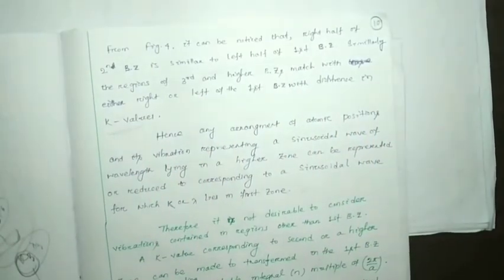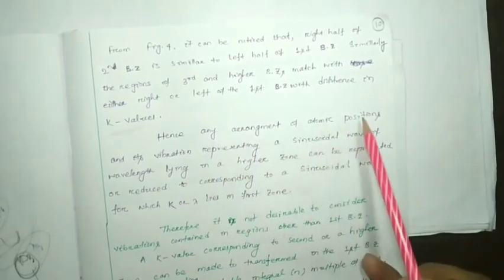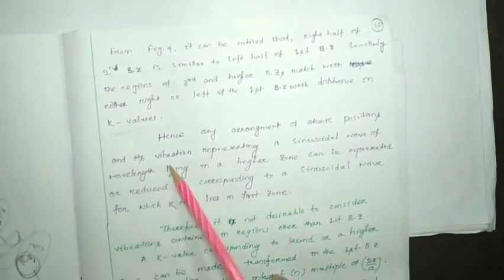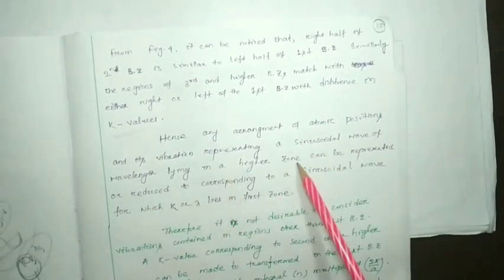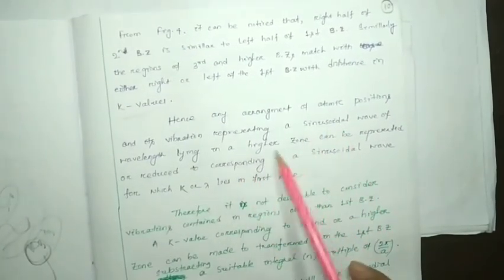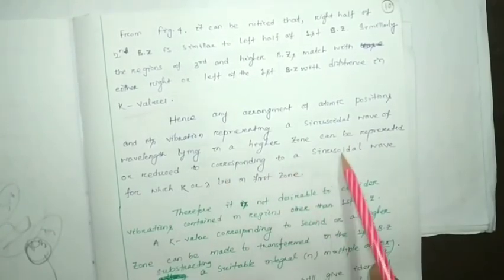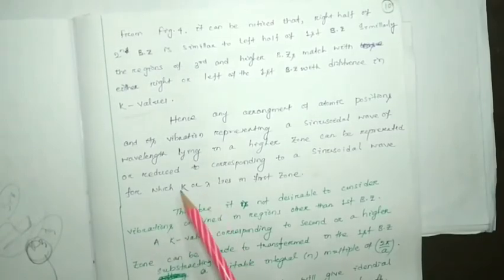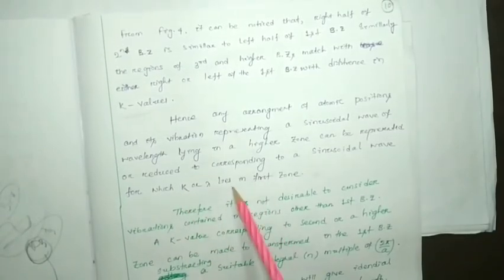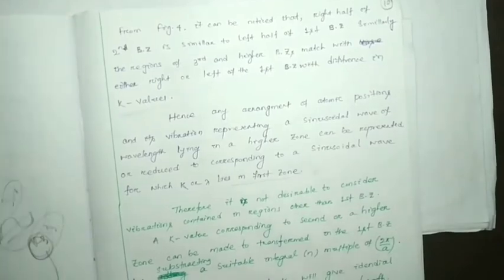Okay, so hence any arrangement of atomic positions and their vibration representing a sinusoidal wave of wavelength lying in the higher zone, what I discussed, can be represented or reduced to a sinusoidal wave for which k or lambda lies in the first zone, or first Brillouin zone.